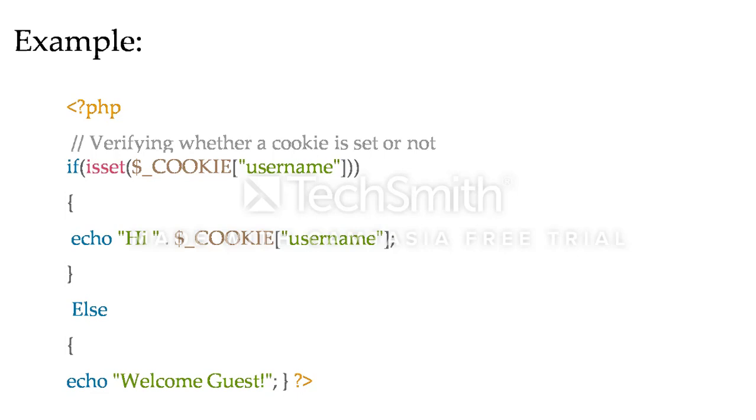We will print the value of the cookie using echo. We have to use just $_COOKIE, the same as we used in isset, square bracket, name of the cookie. So this will print the value of the cookie. So this is the example of checking whether a cookie is set or not.